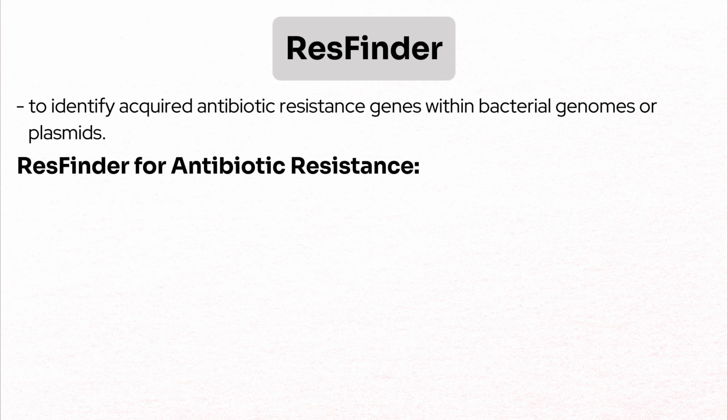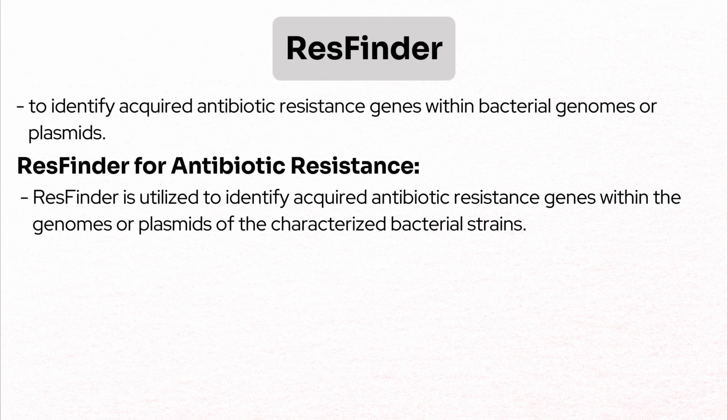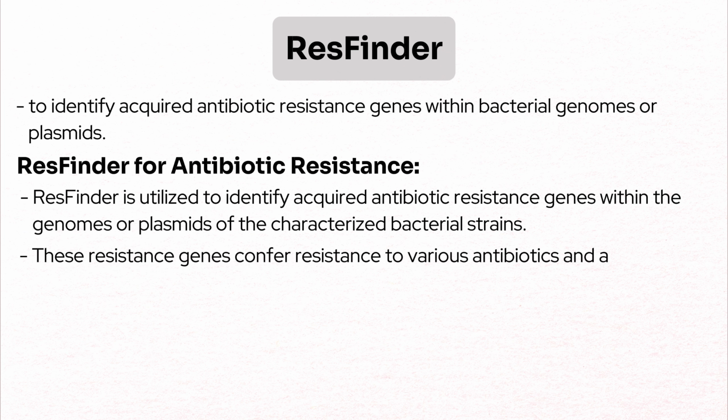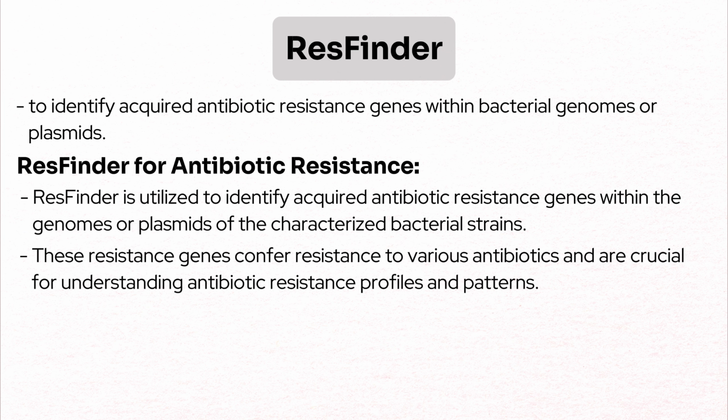ResFinder for antibiotic resistance. Following MLST, ResFinder is utilized to identify acquired antibiotic resistance genes within the genomes or plasmids of the characterized bacterial strains. These resistance genes confer resistance to various antibiotics and are crucial for understanding antibiotic resistance profiles and patterns.